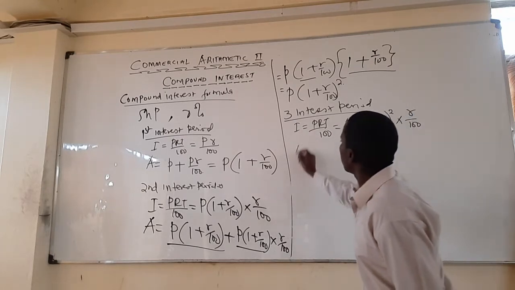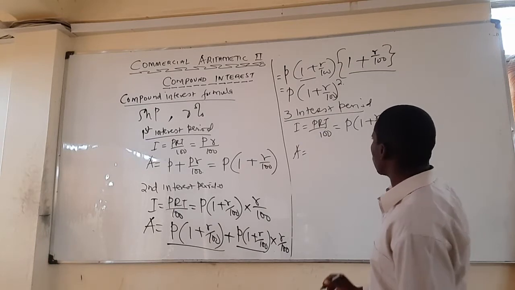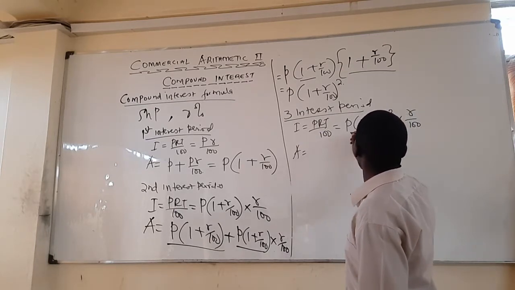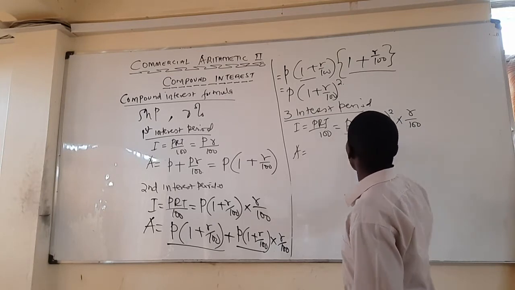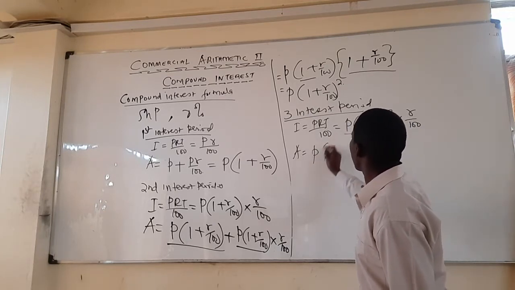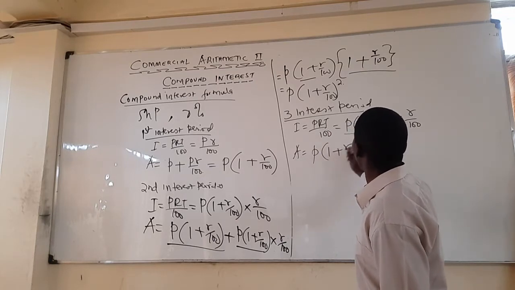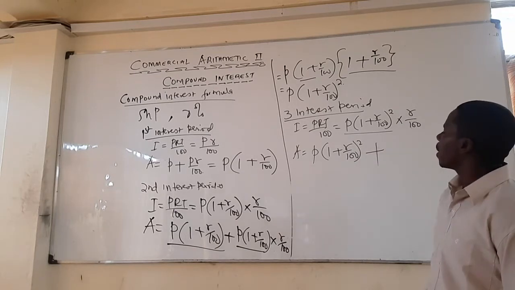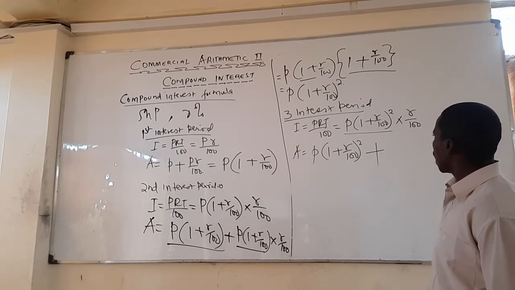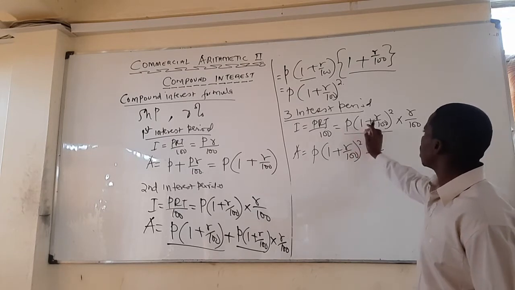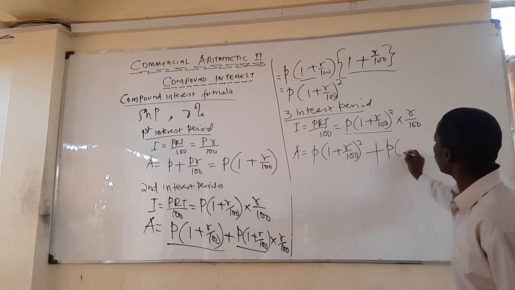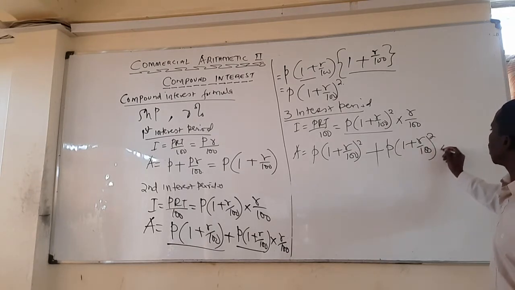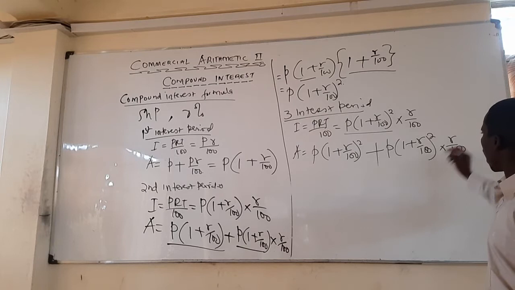Then we get the amount after the third period. The amount is going to be the new principal, P into bracket 1 plus R over 100 squared, and we add the new interest, P into bracket 1 plus R over 100 squared times R over 100.